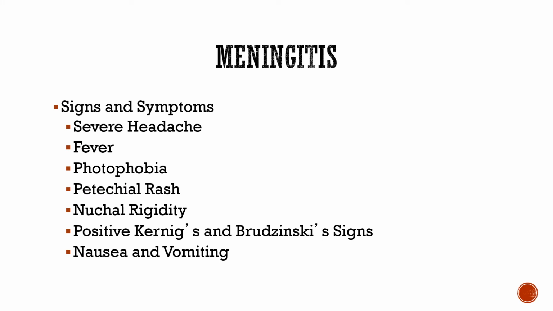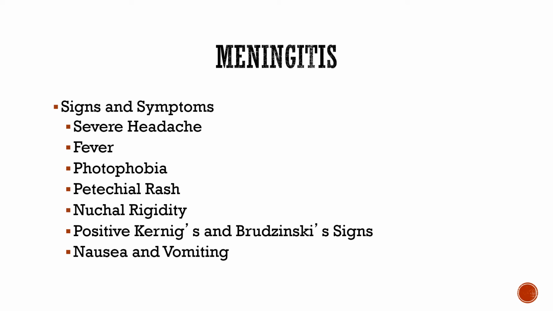Some signs and symptoms. The usual initial symptoms are severe headache and fever. Then later you can get photophobia, which is the sensitivity to light, and a petechial rash that can go from petechial to large areas. That is usually seen in meningococcal meningitis.